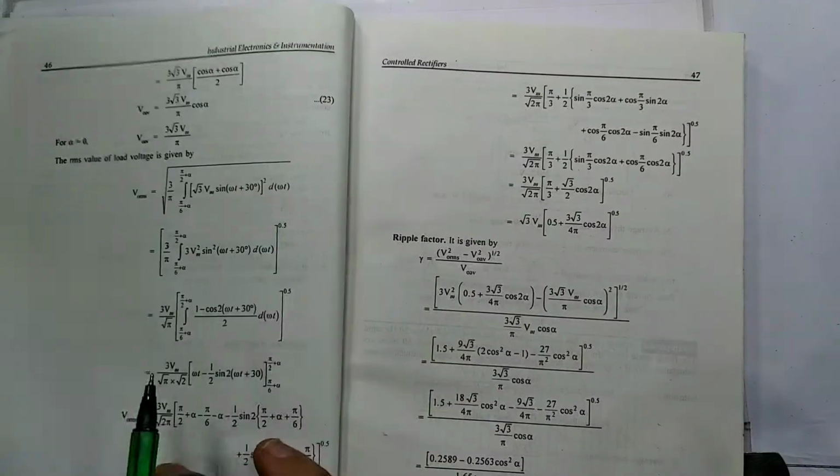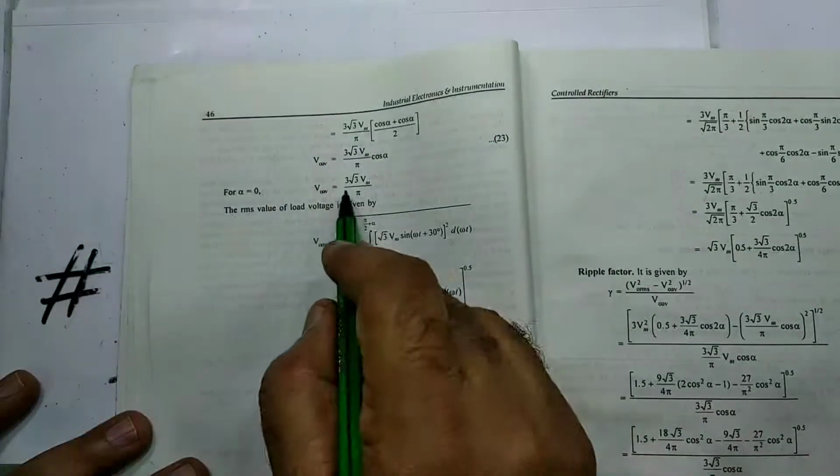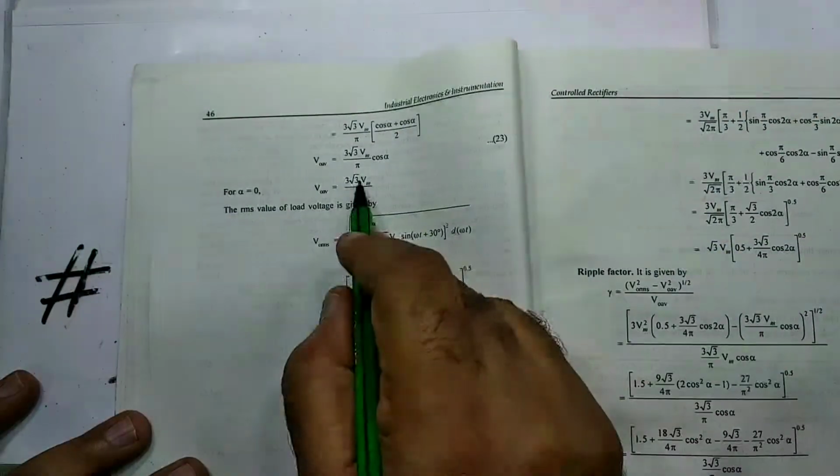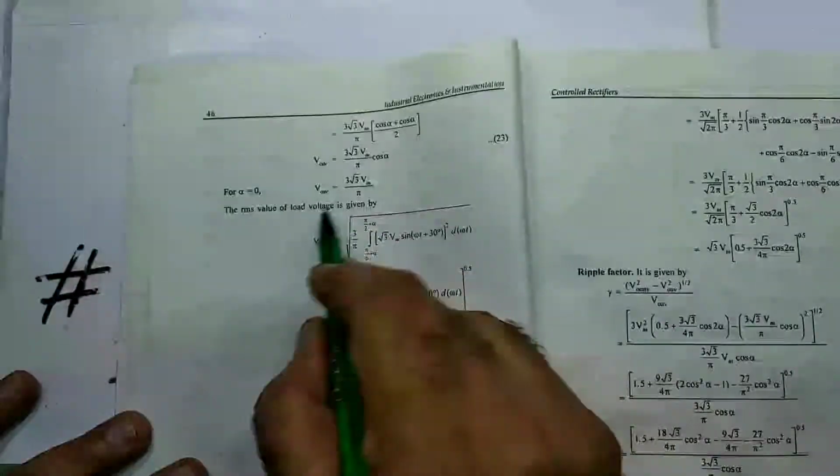Although we don't need such derivation, we will see only the result that VOAV is equal to 3 root 3 Vm upon pi cos alpha. For alpha equal to 0, VOAV is equal to 3 root 3 Vm by pi.